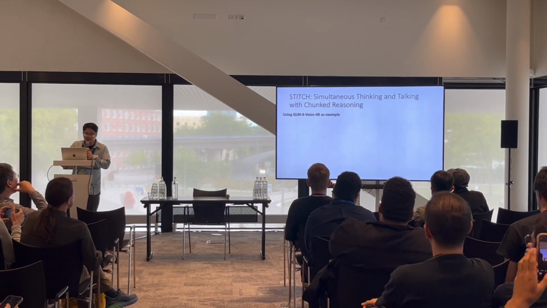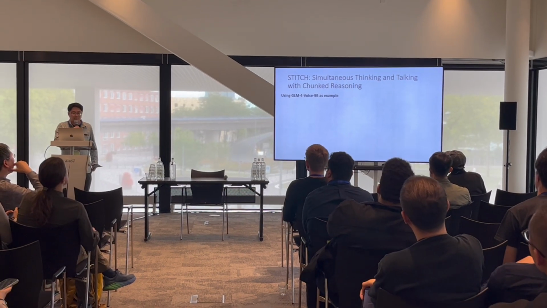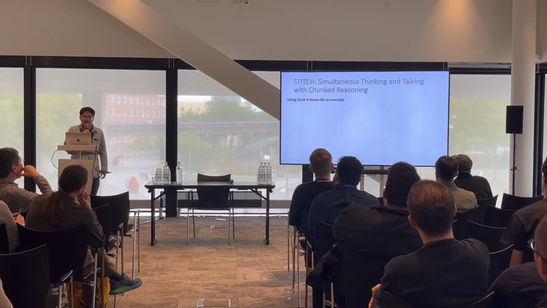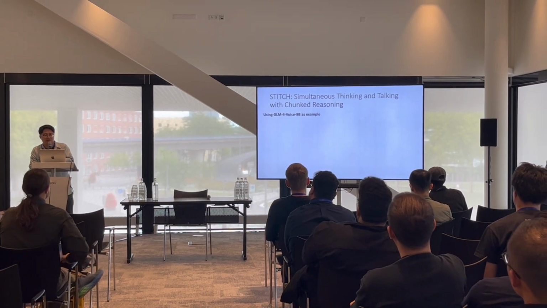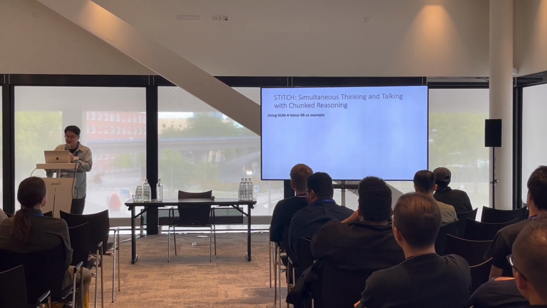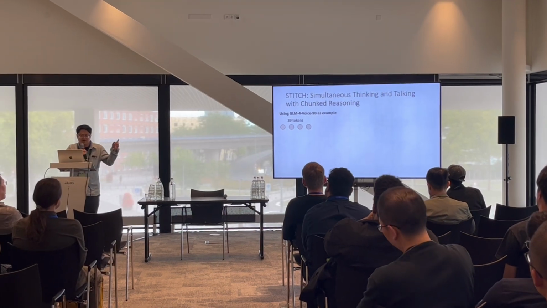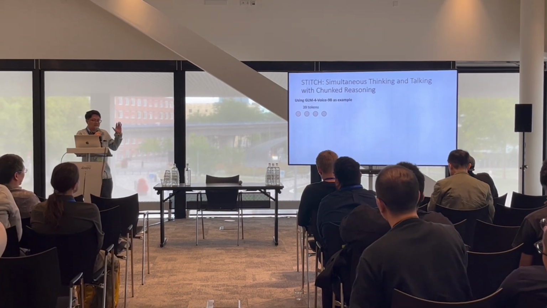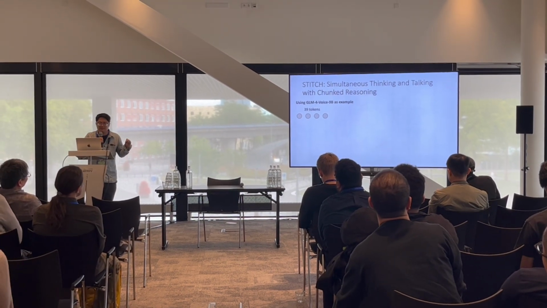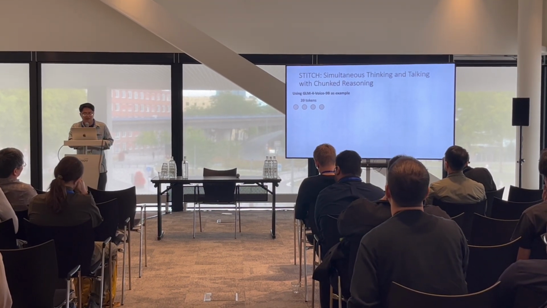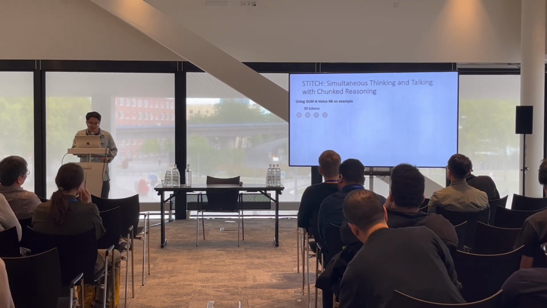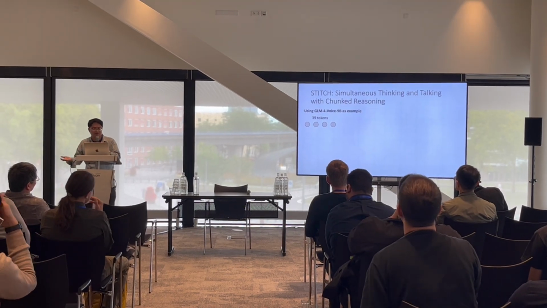So this is the idea. Here I'm going to use GLM-4-Voice, a speech language model, as an example to demonstrate the motivation of Stitch. In GLM-4-Voice, each time it generates 39 tokens. Actually, it's a hybrid of text and audio tokens: 13 text tokens and 26 audio tokens.